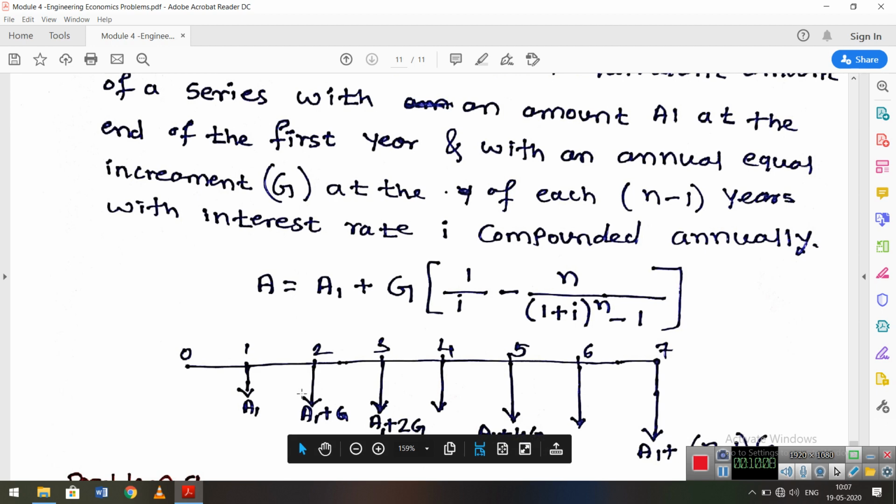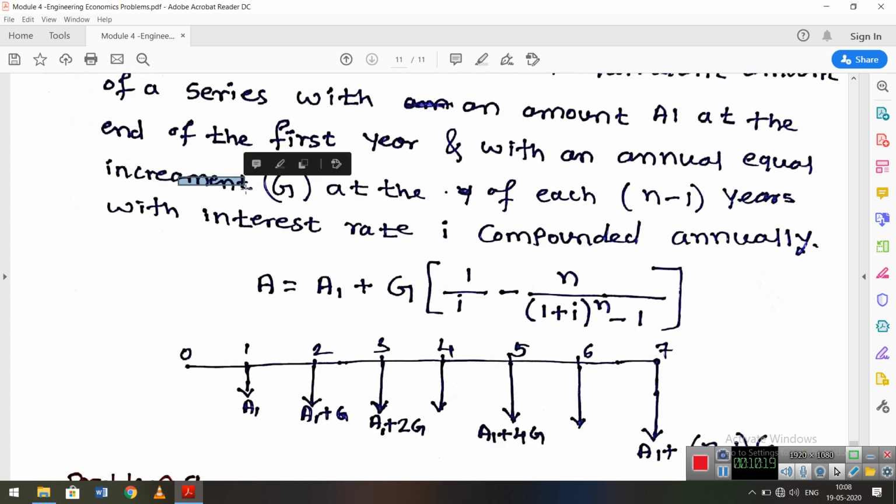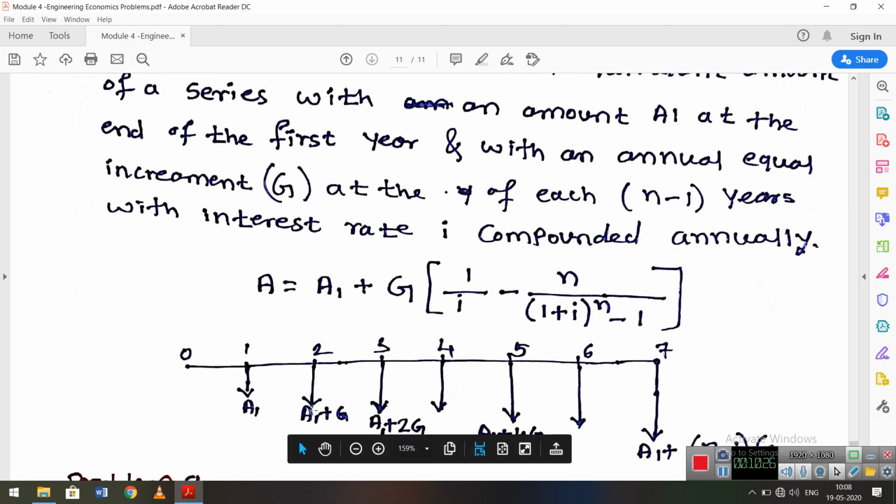At the end of the second year, he will pay the equivalent amount A1 of 10,000 plus the increment, the value of G. Whatever yearly increment is received, he is going to deposit again. You can assume the increment is 1,000, so 10,000 plus 1,000 is 11,000. But he is going to add all the increments at the end of every year.